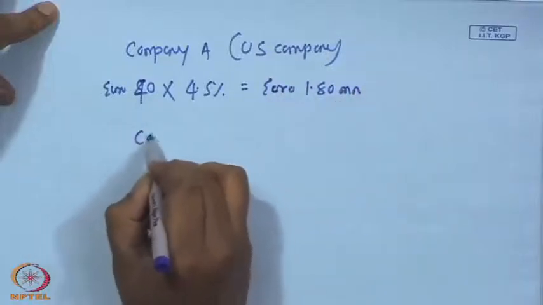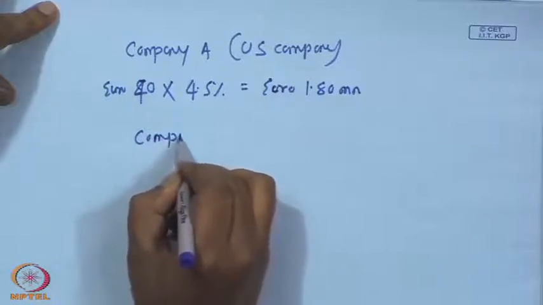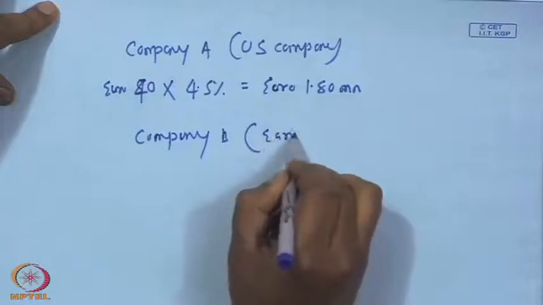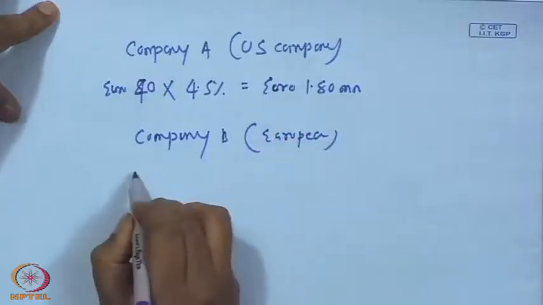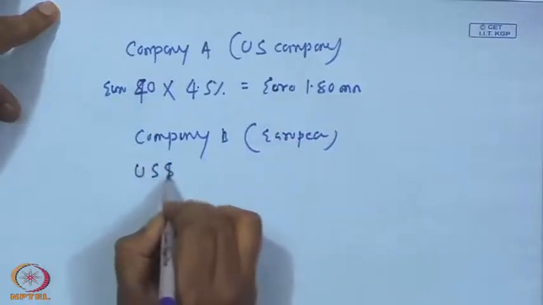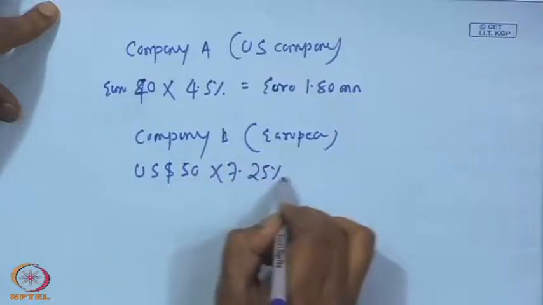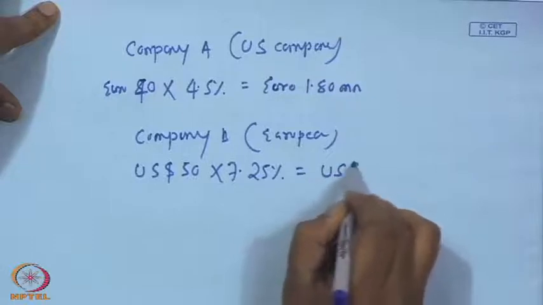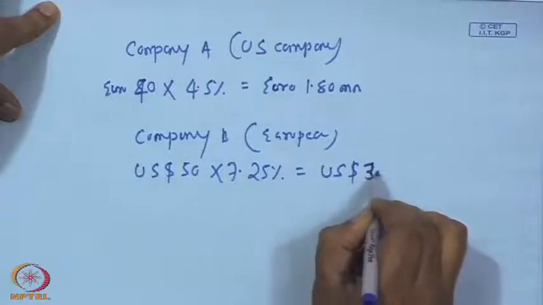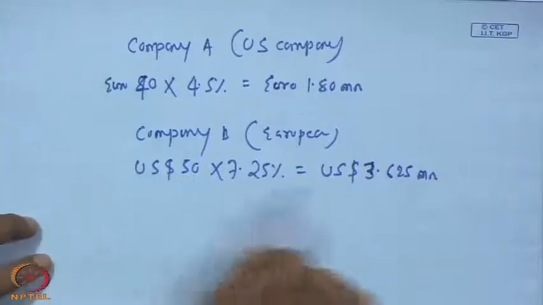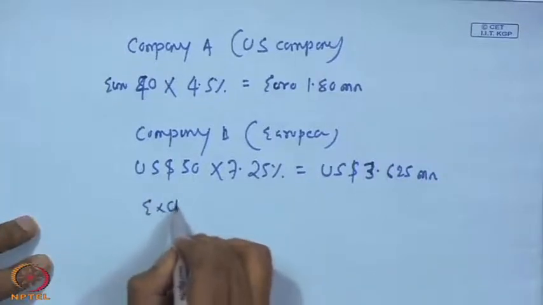And company B, that is the European company, will pay on US dollar 50 million at 7.25 percent, equivalent to US dollar 3.625 million.